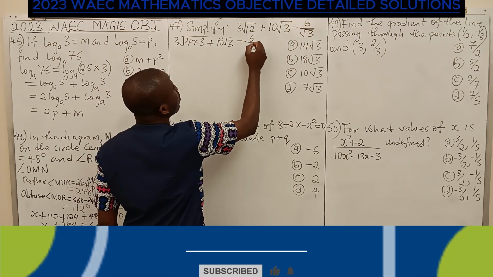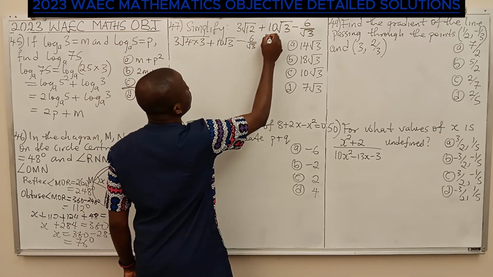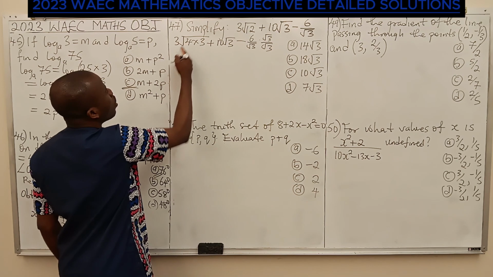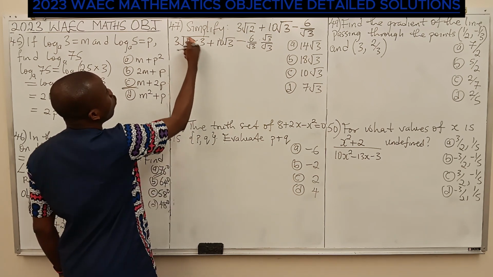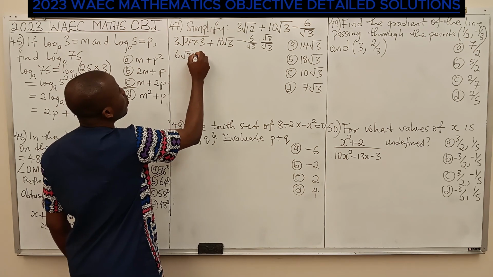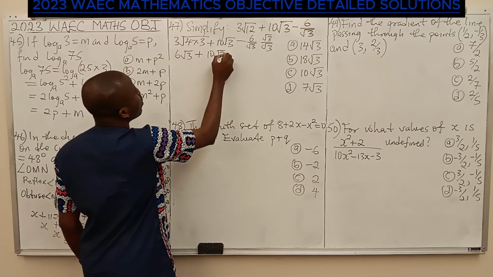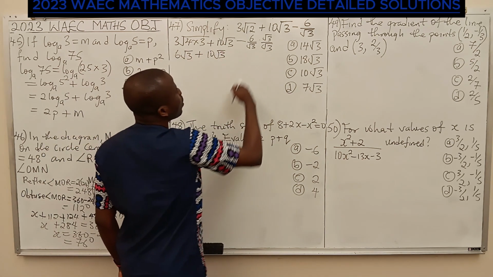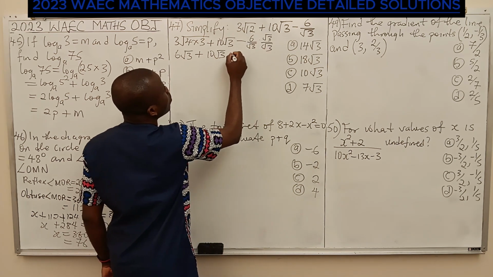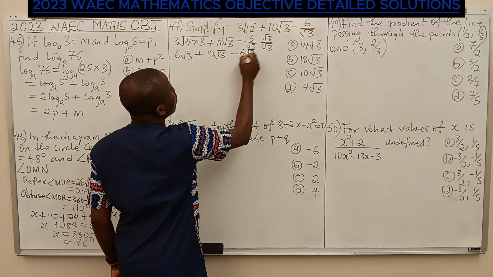The square root of 4 is 2. The 2 multiplied by 3 will be 6 root 3 plus 10 root 3. Root 3 times root 3 is 3, so minus 6 root 3 over 3.